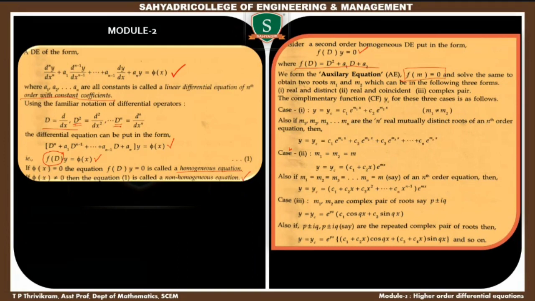The operator is replaced with some variable, and then the equation is called the auxiliary equation of the given differential equation. Auxiliary equations play a very important role in finding the solution of a linear differential equation. We solve the auxiliary equation for its roots.